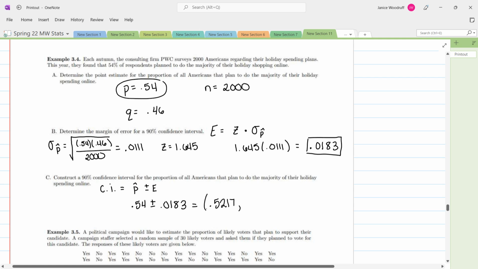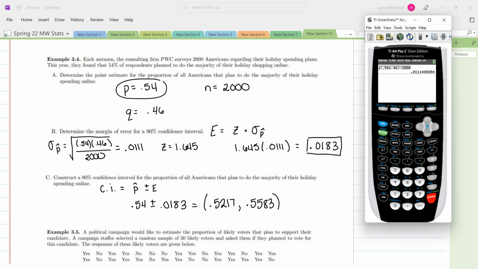And then 0.54 plus 0.0183 is 0.5583. Okay, so you're 90% confident that the true population proportion of Americans that shop online for holidays is between 52.17% and 55.83% based on this data.